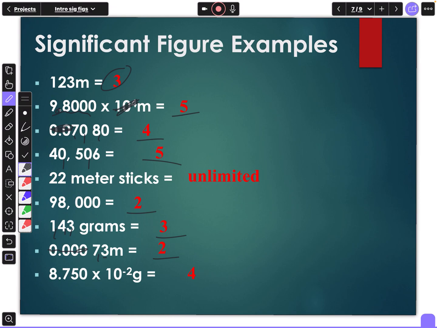And we look at the last example. It's in scientific notation. I'm going to disregard this part here. It doesn't matter. I only look at this part. I know that the 8 is significant, the 7 is significant, the 5 is significant. This last 0, if there's a decimal somewhere in there, it will be significant, and there is a decimal, so it would be considered significant also, so that's 4 significant figures.